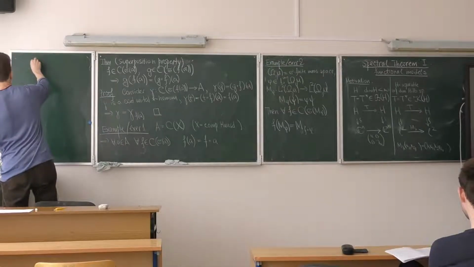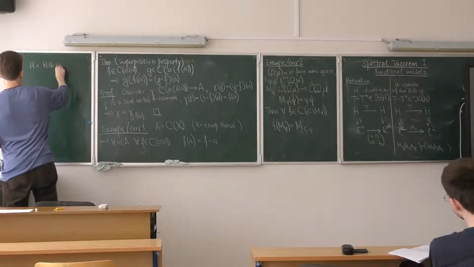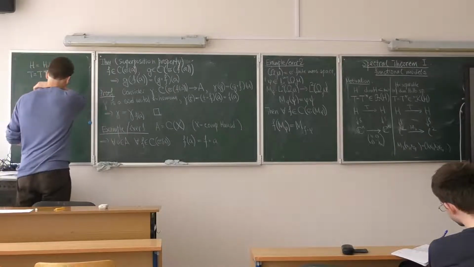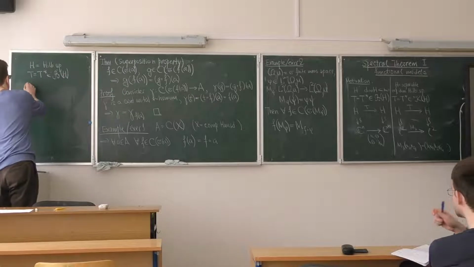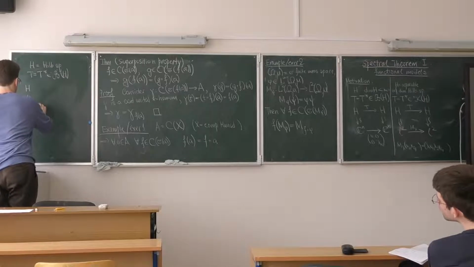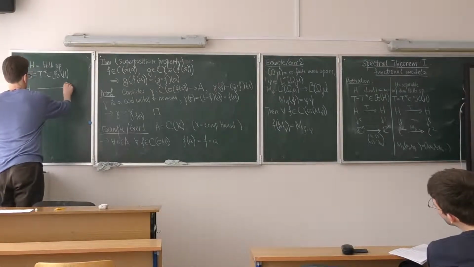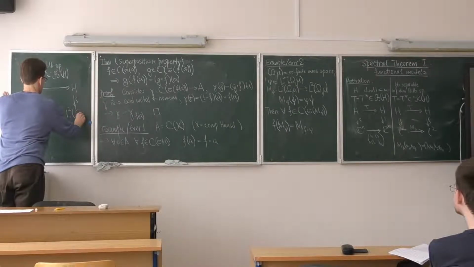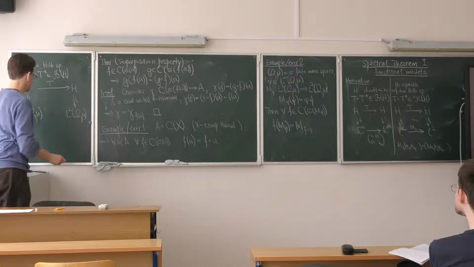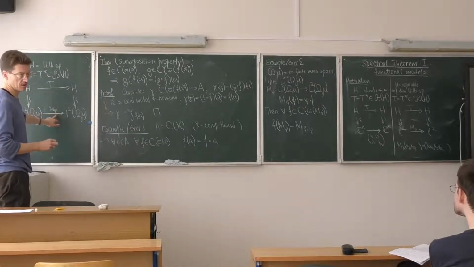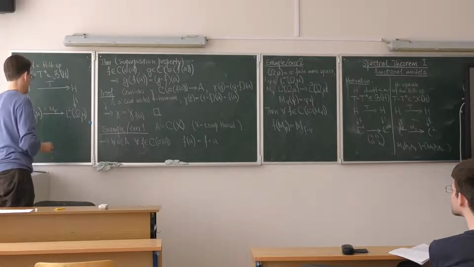So now suppose that H is any Hilbert space, and T is a bounded self-adjoint operator on H. What we're going to do is to show that there exists a measure space (Omega, mu) and a unitary isomorphism between H and L2 of Omega, such that this unitary isomorphism is actually a unitary equivalence between our operator T and the multiplication operator on L2, the multiplication operator by a suitable bounded measurable function phi on Omega.